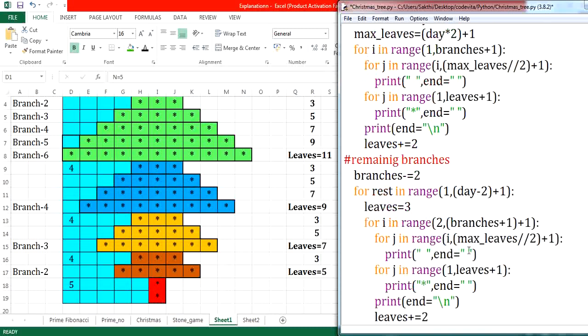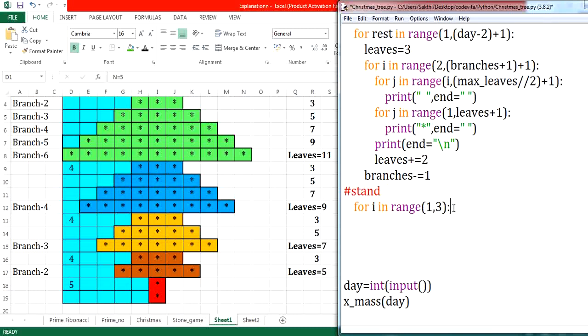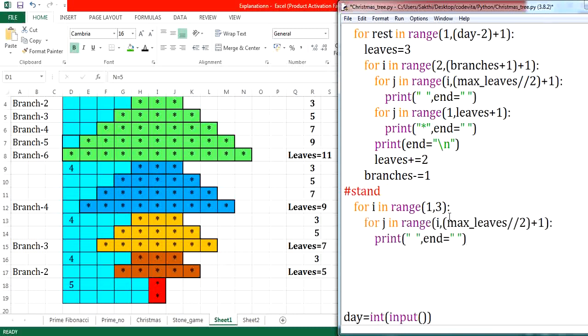So let me make use of the same 2 lines I did for part 1. I am going to consider starting from 1 to max leaf by 2 for my spaces. So I will have 5 spaces for each and every row, followed by print star for each and every row.